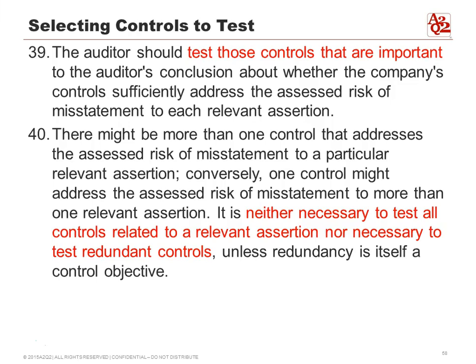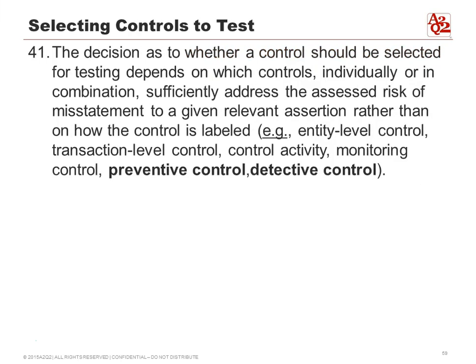And that's why paragraph 40 also talks about it's not necessary to test all the controls for relevant assertions or to duplicate certain controls unless the redundancy is a key objective. So again, you see now in AS5 more focused on what are key controls.